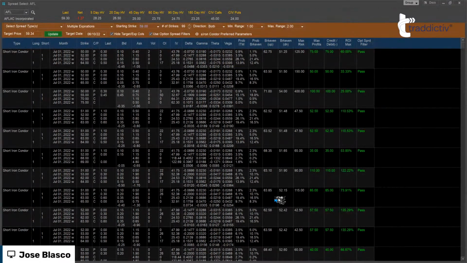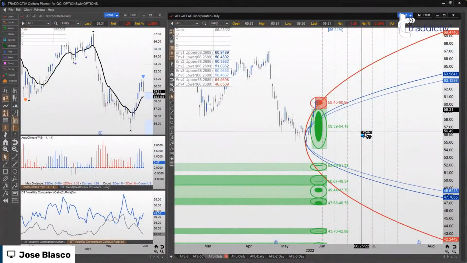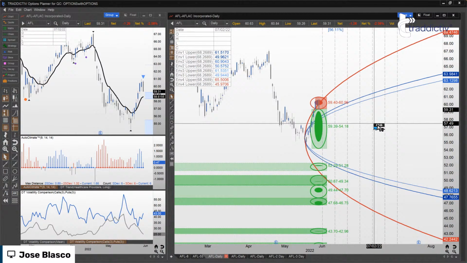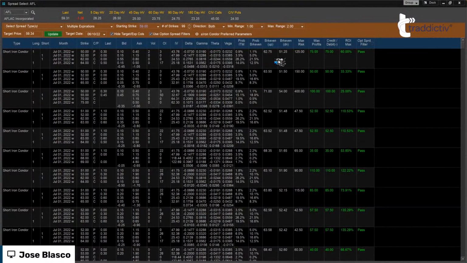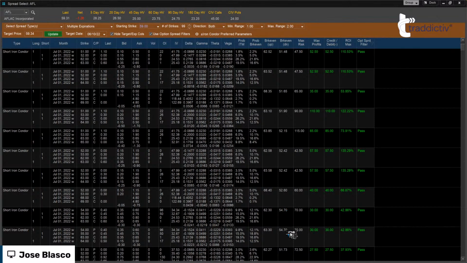So July 1st, what about the statistical ranges? So we are talking about 65.46. So 65, but we don't have anything with 46. No, we don't have anything with 46.